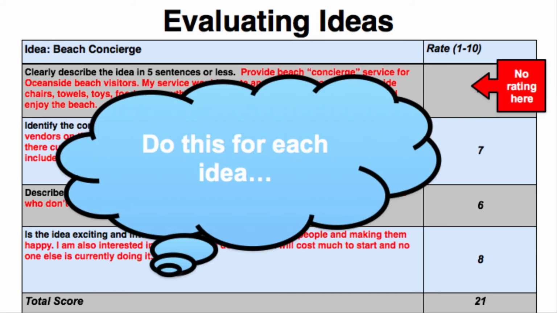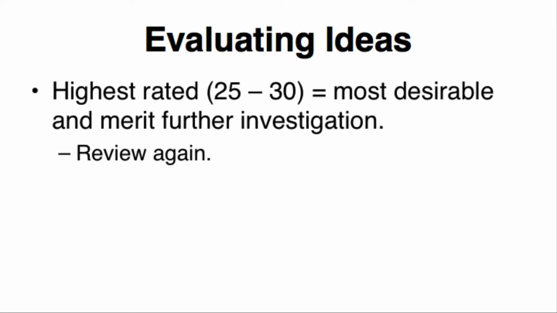You'll then want to repeat that process with each individual idea or each concept you have. Once you've rated each one of your ideas, you want to pick out the most desirable ones. So the ones with the highest points, which should be sitting in a rating point between 25 and 30.